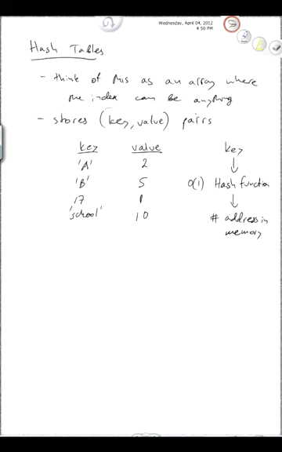So when you ask somebody with a hash table what's the value for school, they're going to take the word school, pass it through this hash function, and it's going to give them a number. Then they can just look at the resulting number and the appropriate address in memory to see what the value of school is and return the value 10.